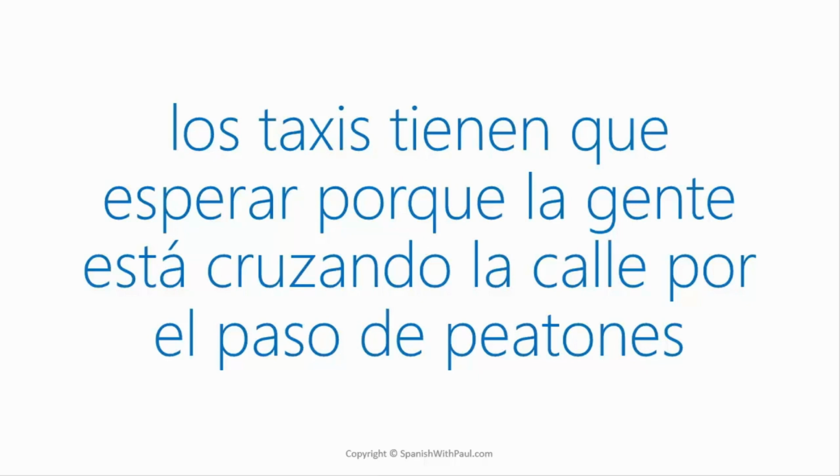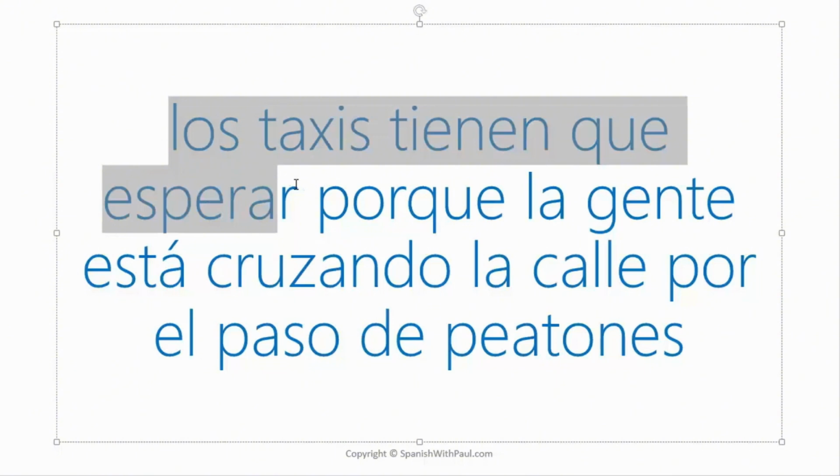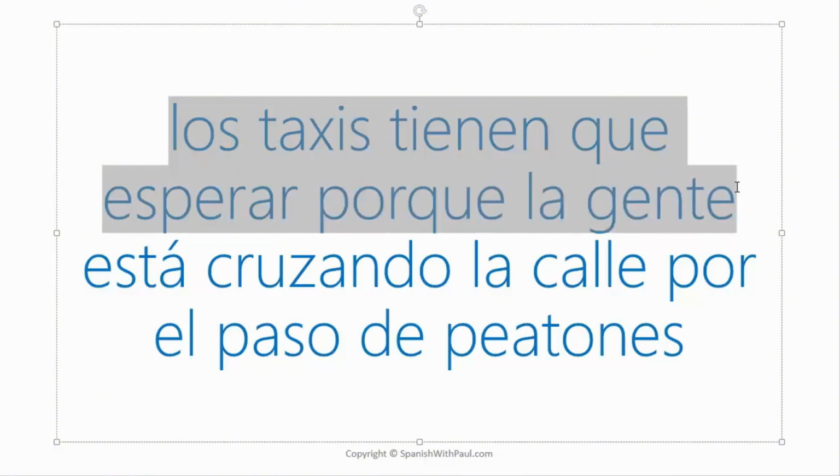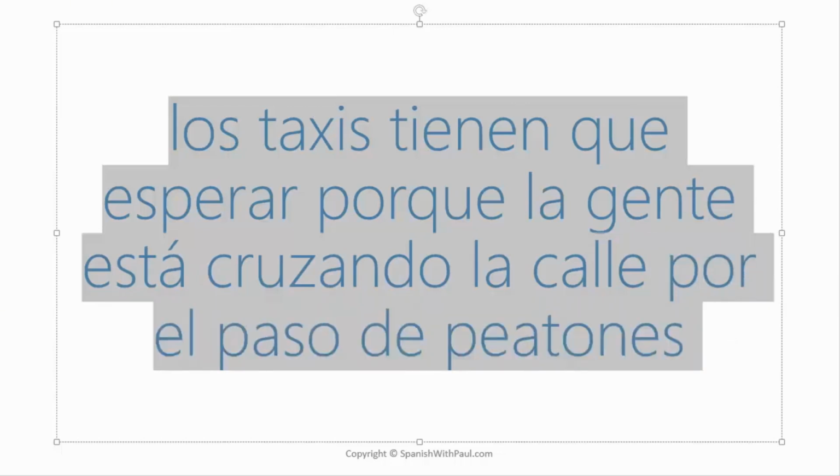Let's examine this step by step. So we have, first of all, the taxis, los taxis. The taxis have to wait, they have to wait. Los taxis tienen que esperar because the people, porque la gente, are crossing the street. Está cruzando la calle on the zebra crossing por el paso de peatones.